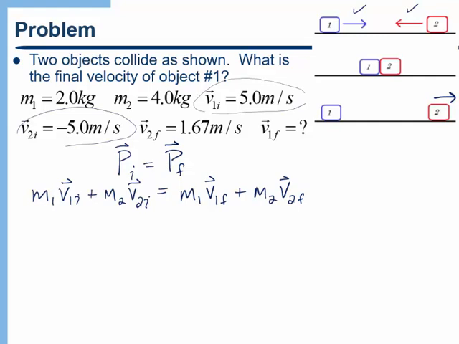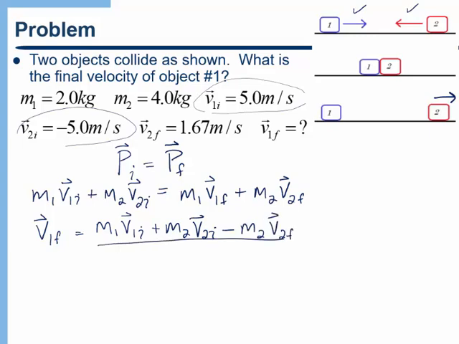I'm now going to solve for v1 final algebraically, and I'll just do that in one step. v1 final is going to be equal to m1 v1 initial plus m2 v2 initial minus m2 v2 final divided by m1. So at this point, we're now going to plug in the values, and that's when we'll find out whether object 1 is moving to the right or to the left.